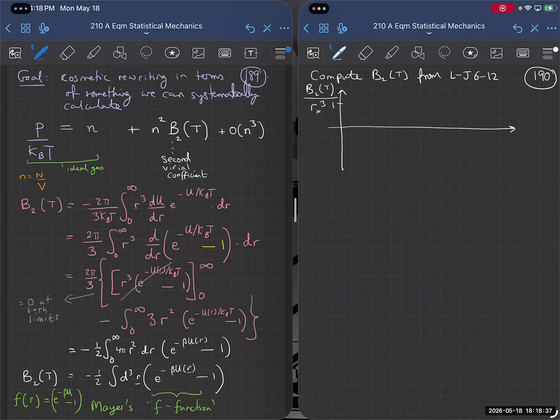So we'll do it like that. And then I'm going to plot it here as a function of temperature, but the temperature comes in as kT, and kT has units of energy, so I'm going to divide it by the only energy scale in the problem, which is the binding energy epsilon. So then this is 0, 1, 2, 3, 4, 5, like that.